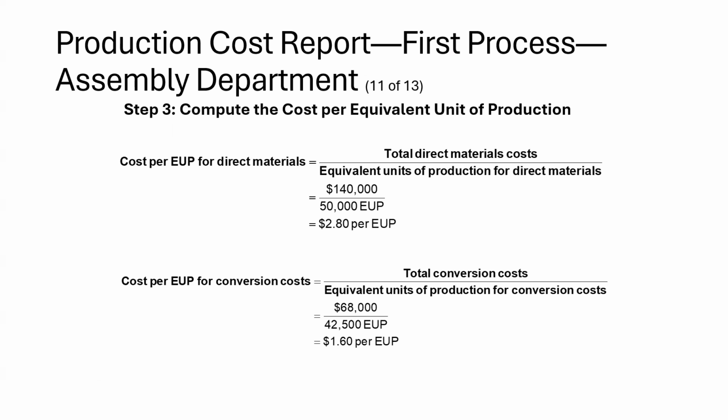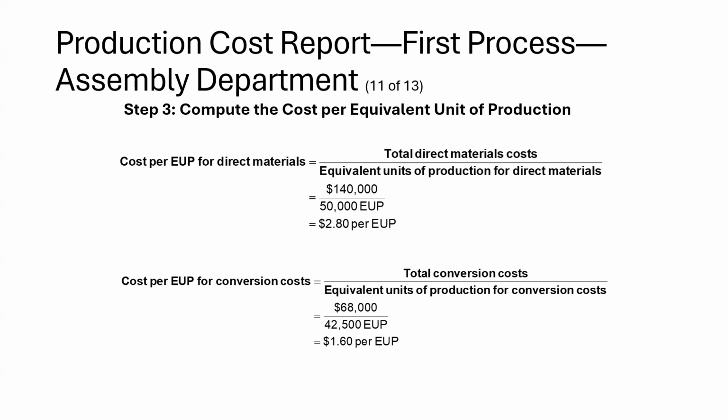The assembly department has $208,000 of costs to account for. $140,000 are in direct materials cost. And then you have $68,000 in conversion costs.